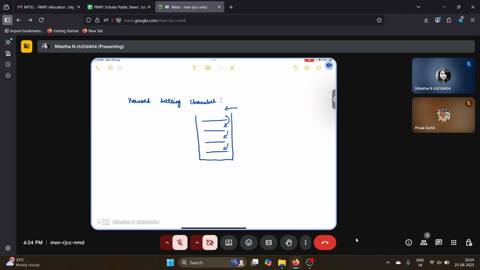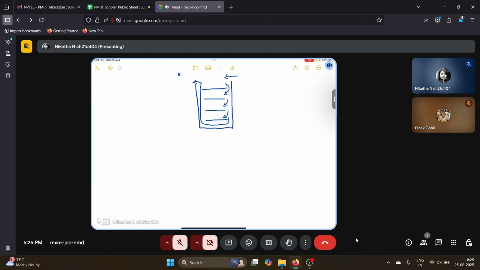And once the air is free of particles, it will come back and move out. So these are the two types of separators based on gravity.